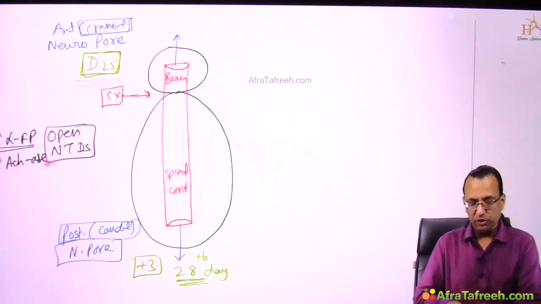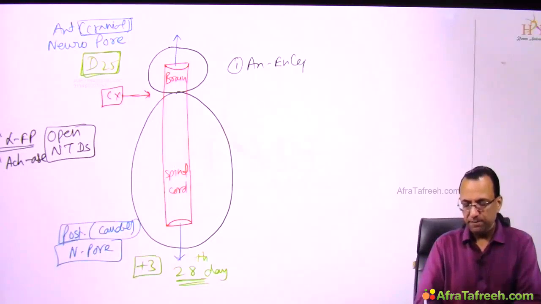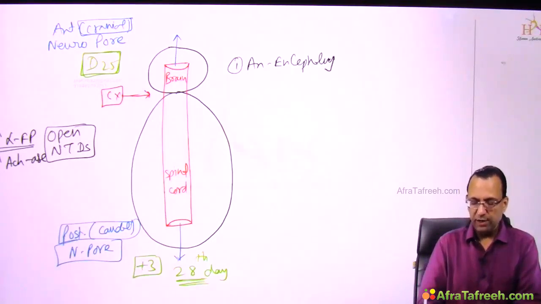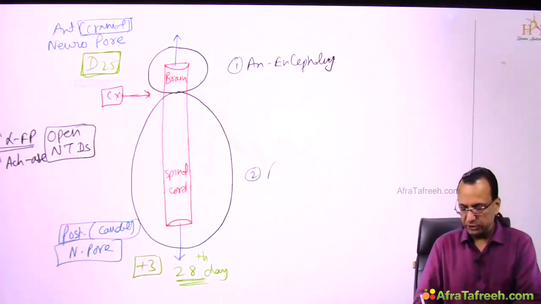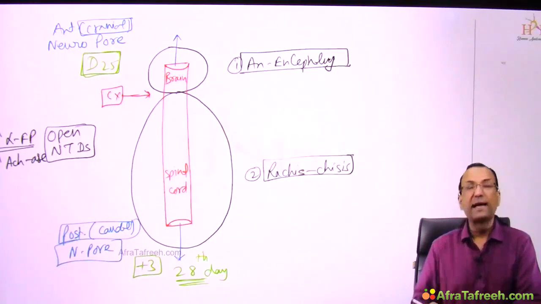Then you do the ultrasound and you find the problem. Problem number 1 could be anencephaly, or problem number 2, it could be rachis. So the baby might be having a problem of anencephaly or rachis.